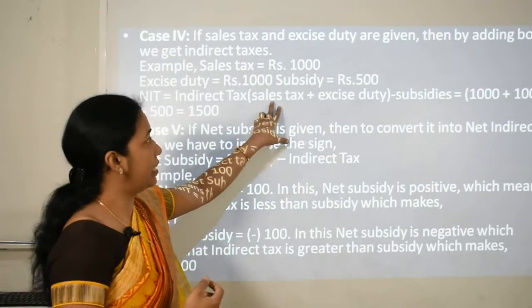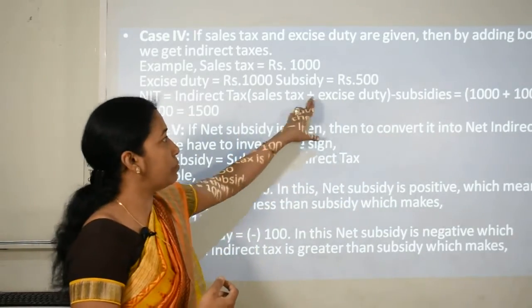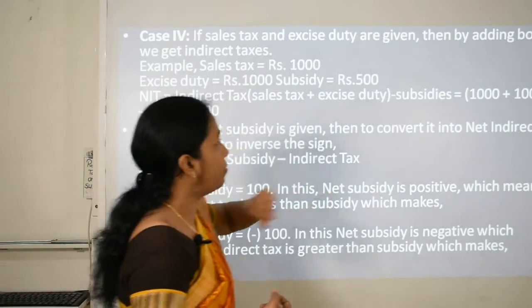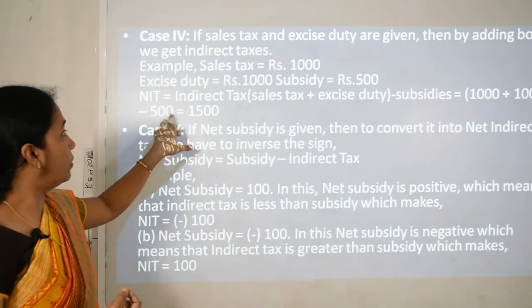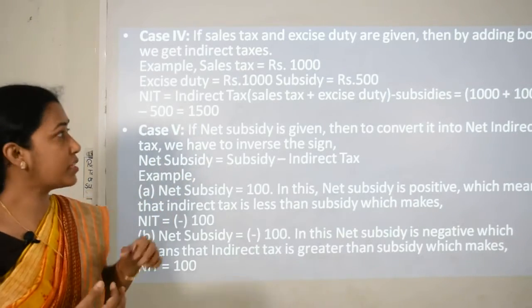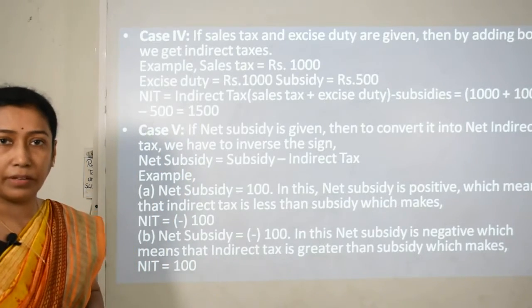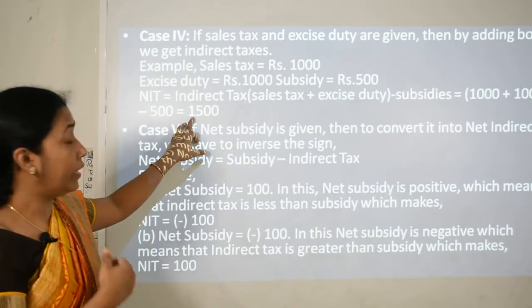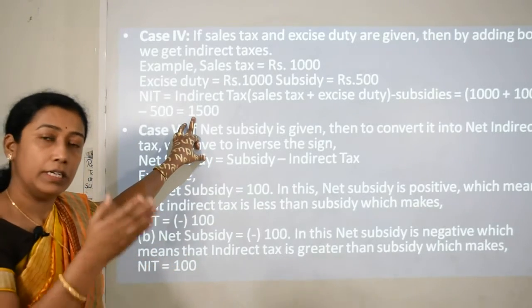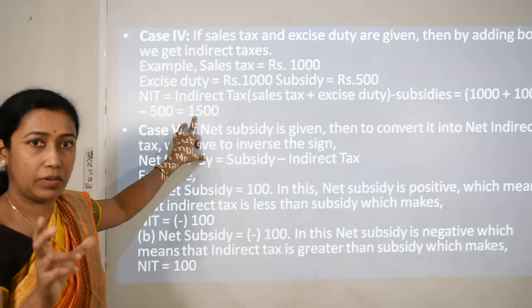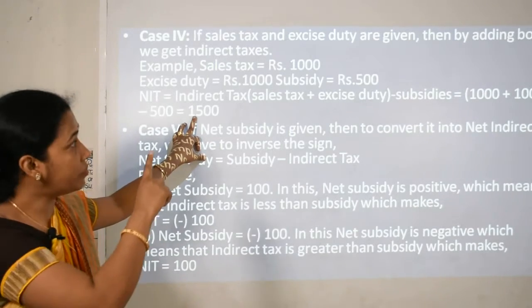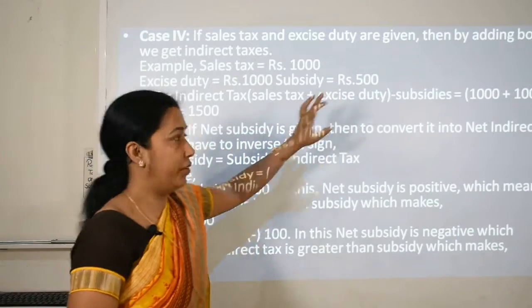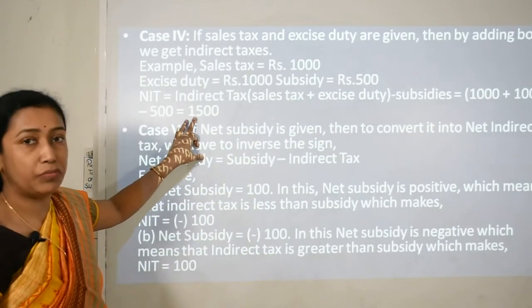So 1000 plus 1000, minus subsidy of 500, and we get 1500. So by applying this formula, when sales tax and excise duty are given, we add both to get indirect tax, subtract the subsidy already given as 500, and we get the answer as 1500.